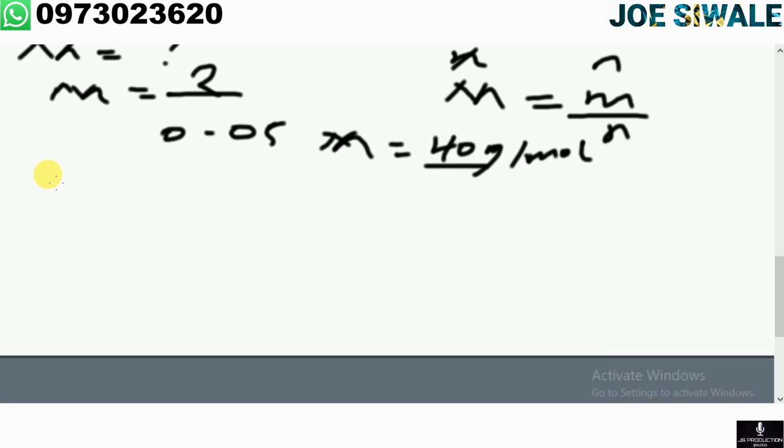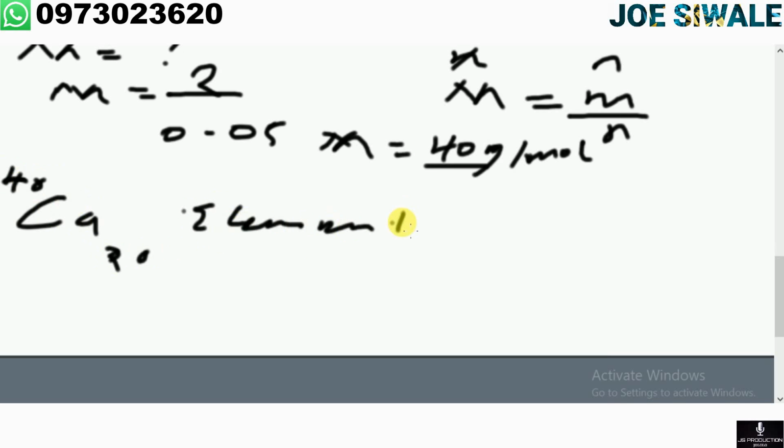And calcium is written in this way: capital letter C and the small letter a. Then you have a 40 here, which represents the mass number, and a 20. So the element, it's calcium.